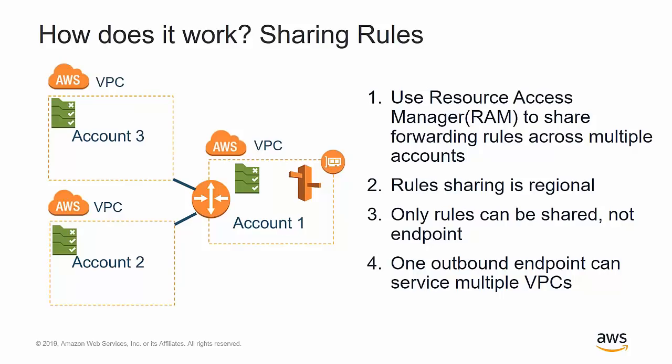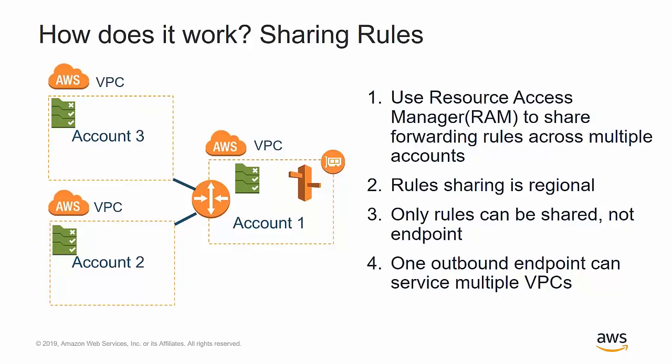But then you will also be able to share those rules to other VPCs. So those rules in, say, account 3 will forward queries through the endpoint in account 1 based on those shared rules. Rule sharing is regional, so you can only share rules with other accounts as long as all of those accounts are in the same region.